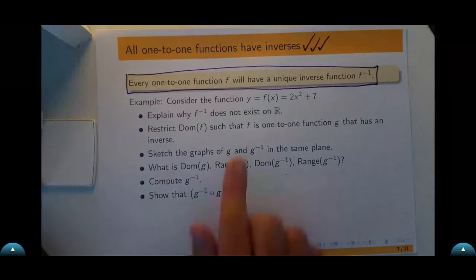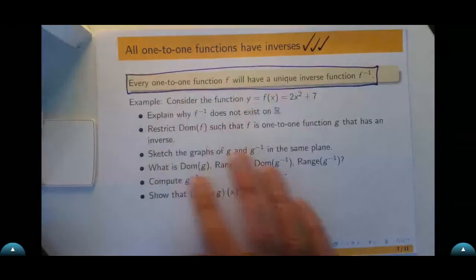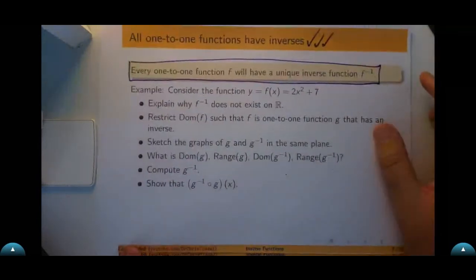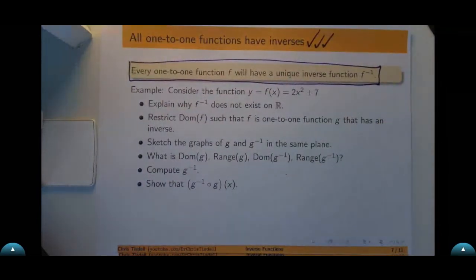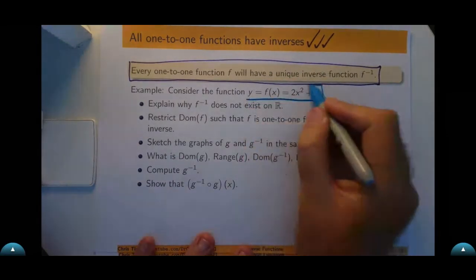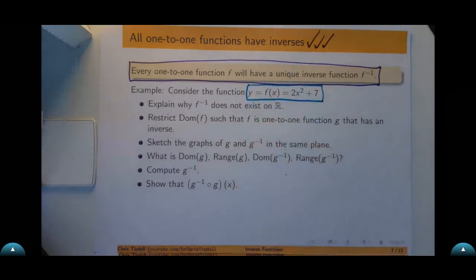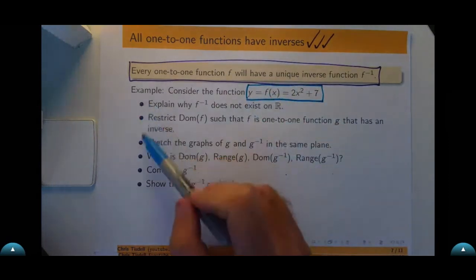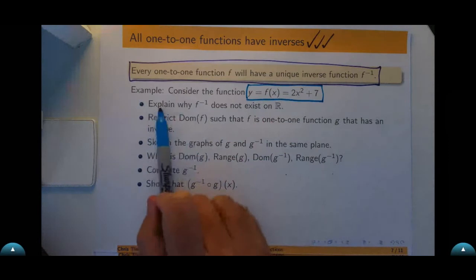And so let's apply what we've learned to an example here. I've left some space on the other page which you might want to use. So here is our function. We're asked to do 6 things.